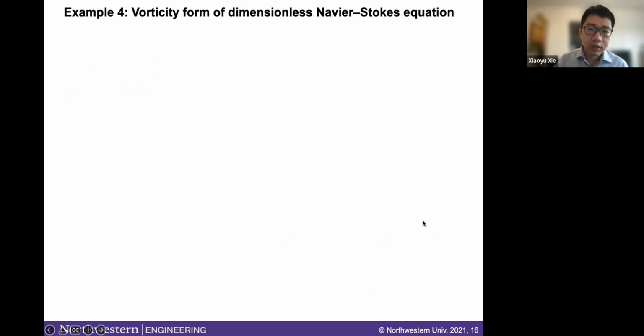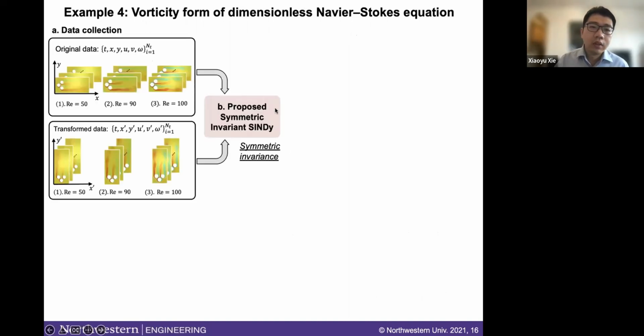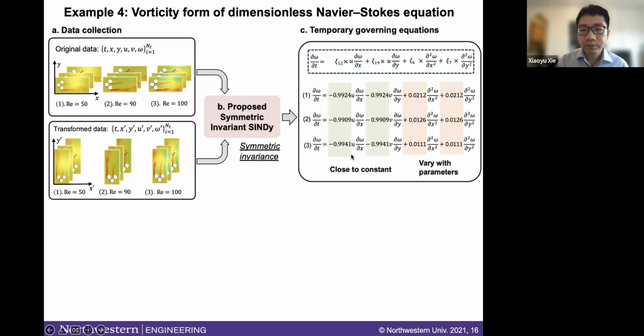Here I want to demonstrate the fourth example, the vorticity form of the dimensionless equations. We collect some data from simulations with different Reynolds numbers, rotate the data, and put it into a symmetry-invariant SINDy. This is because we assume all physical laws should be the same if we only change the coordinate system.